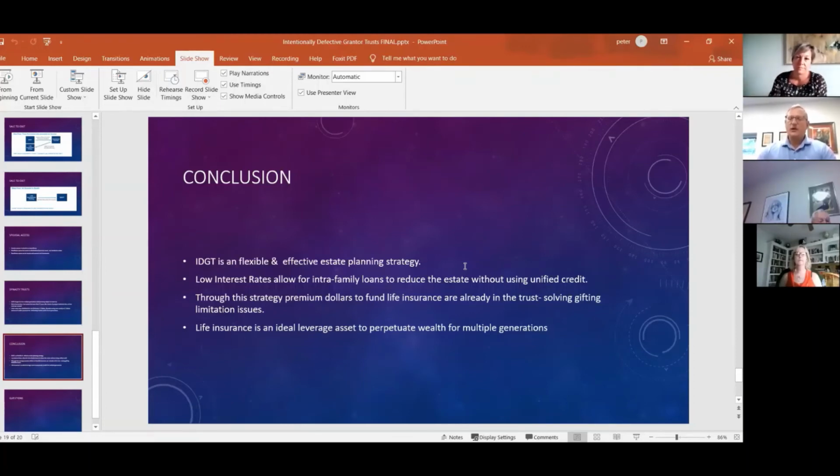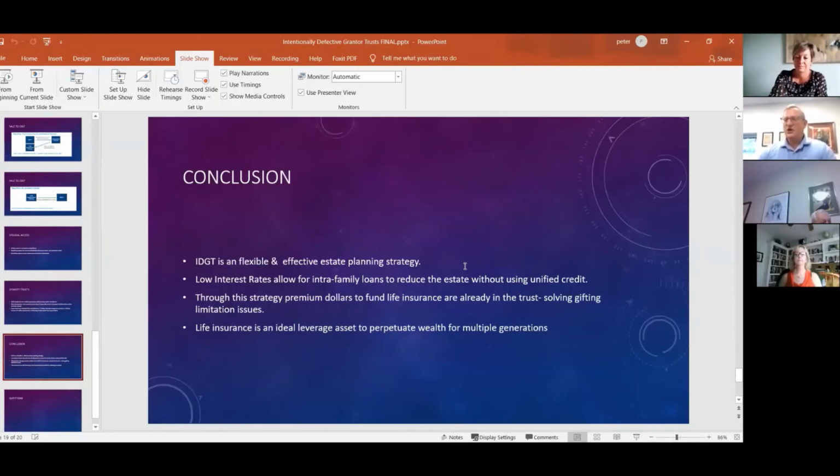Currently, with the interest rate environment that we are in, it is ideal for trying to do some intra-family loans to try to transfer assets, whether they be business assets or not, within the family.